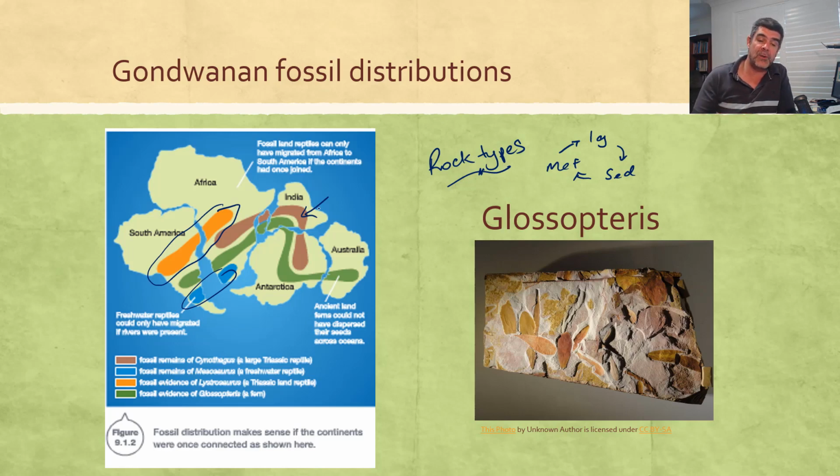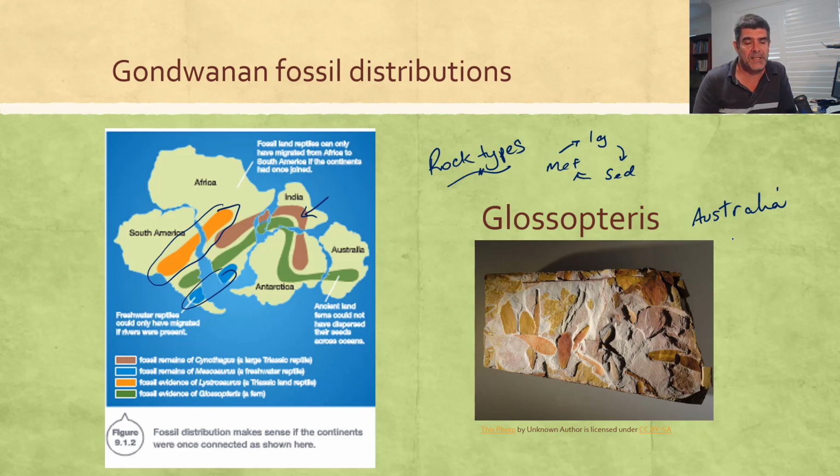One of the really interesting ones, and one of the ones that I guess is important for us in Australia, is Glossopteris. Glossopteris is a beautiful plant, and the fossils that are produced are extremely colourful, and you can see a little sample on this slide.